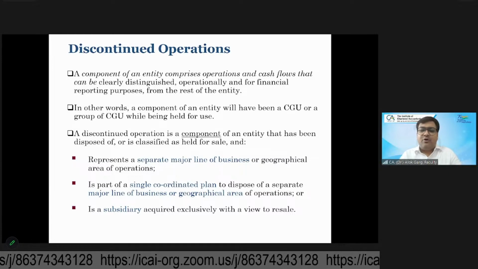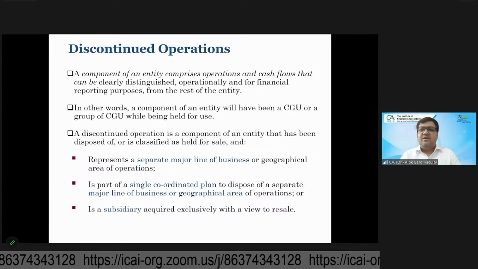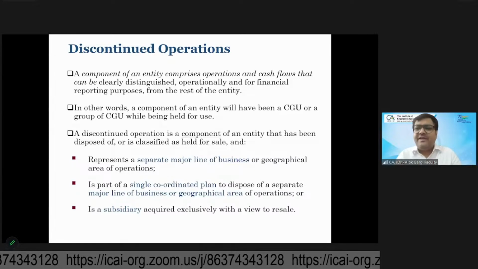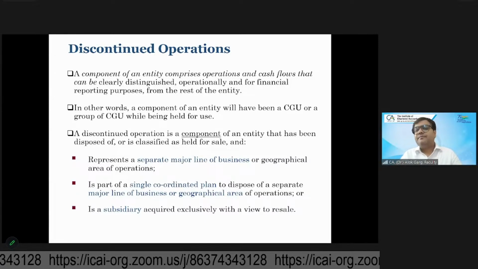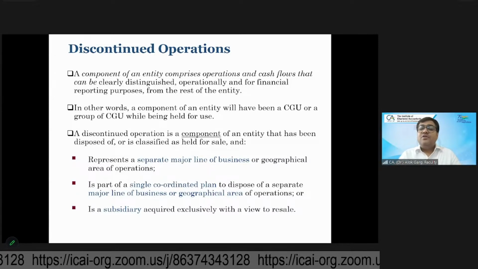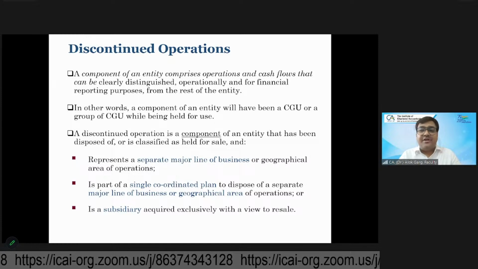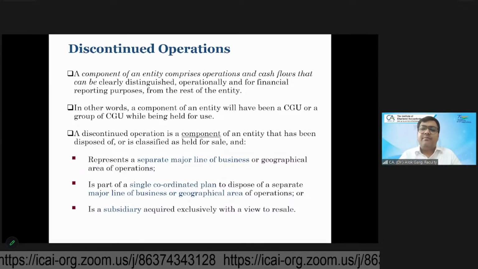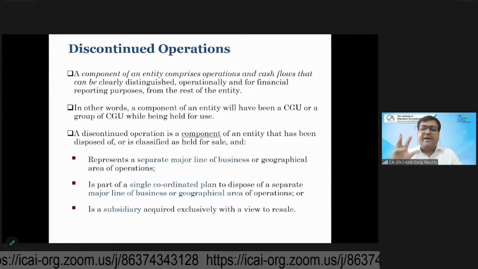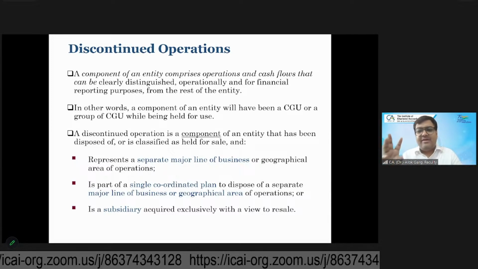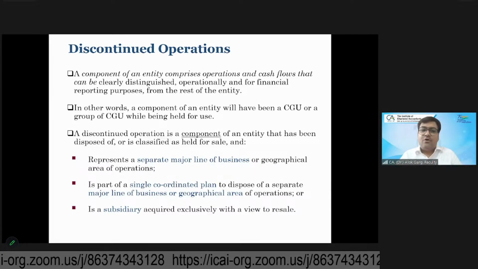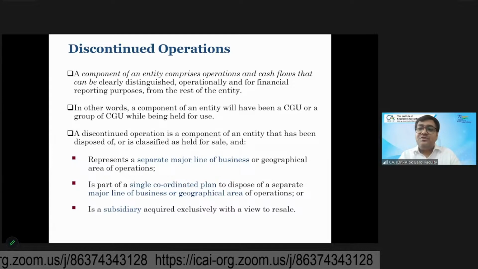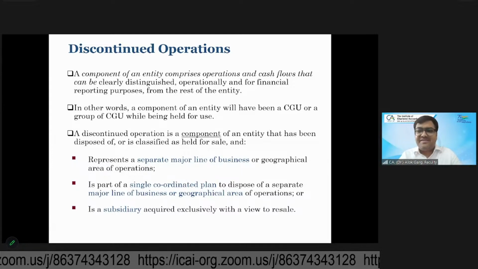Projector, computer, laptop, chair, table, a library. I do have a lot of things in my Delhi institute. So when I've decided to shut down, I have two options. Option number one, I will sell the entire Delhi institute asset. Option number two, I can use those Delhi institute assets in my existing business in Gurgaon.